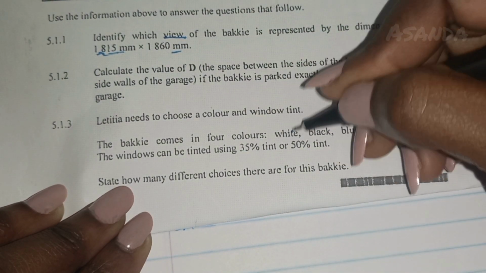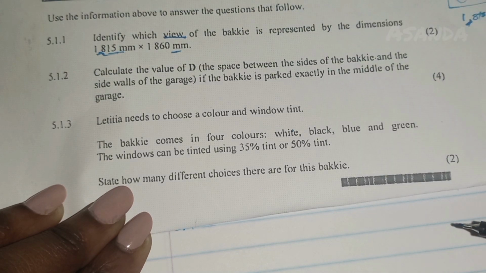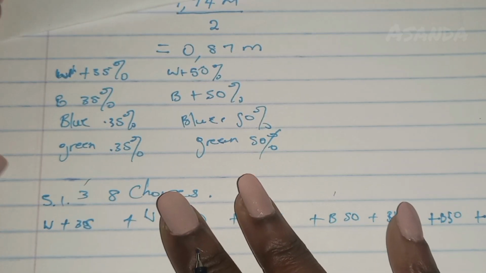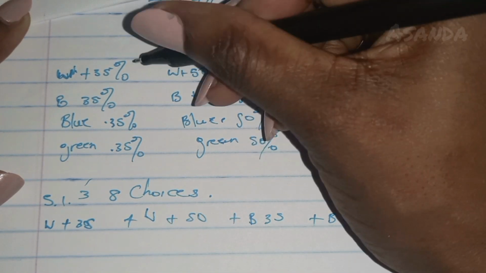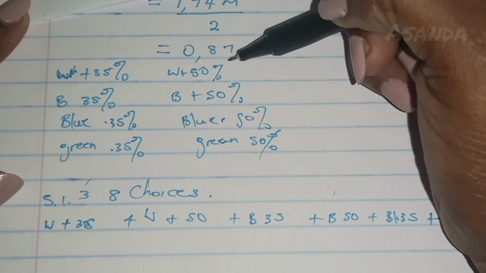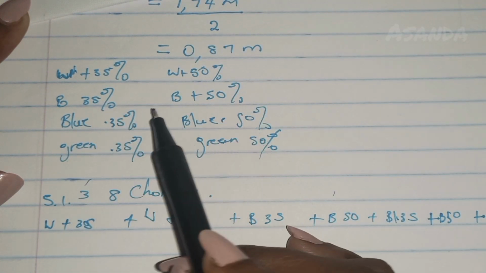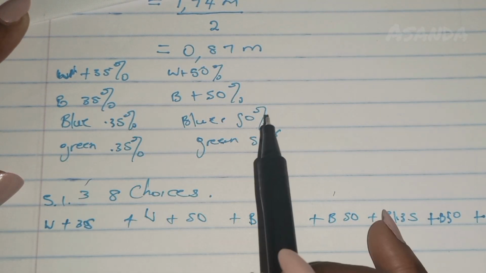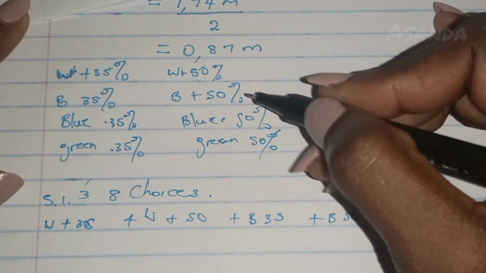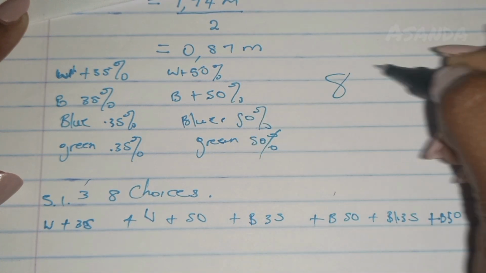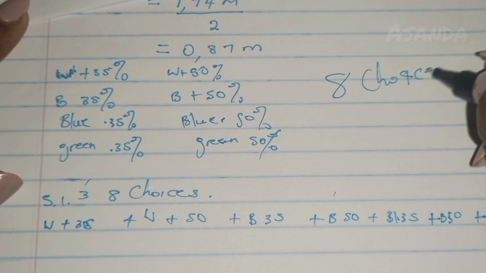But he can also choose white and tint that with 50%. I did it off camera because I forgot I had my camera switched off. But it's white 35, white 50, black 35, black 50, blue 35, blue 50, green 35, green 50. And that is 2, 4, 6, 8 choices. That would be the answer there.